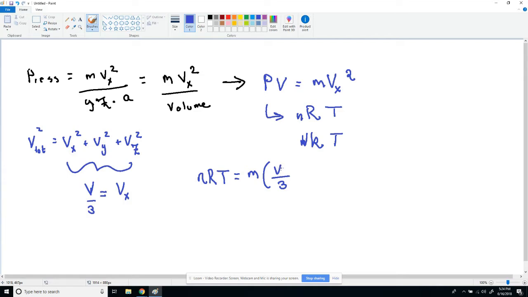So what we want to say here is this used to be vx squared, and we want it to be v, except a third of v. So this needs to be squared, and this needs to just be divided by a 3 afterwards.